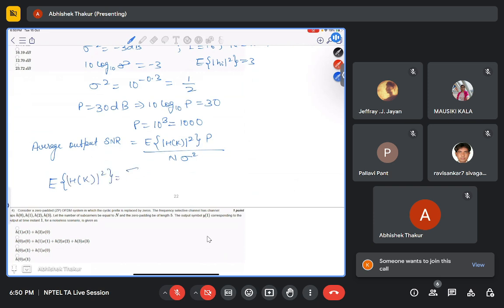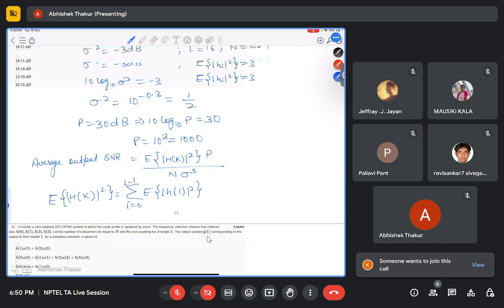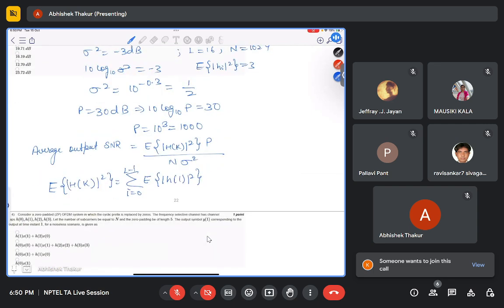So this will be the summation for I equal to 0 to L minus 1 of the expectation of each channel tap, which is given as 3. So it becomes summation I equal to 0 to L minus 1 of 3, which is 3L.